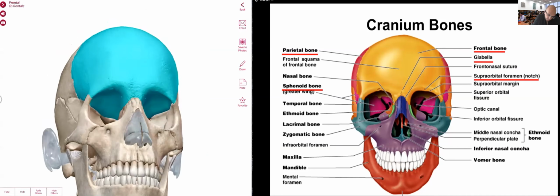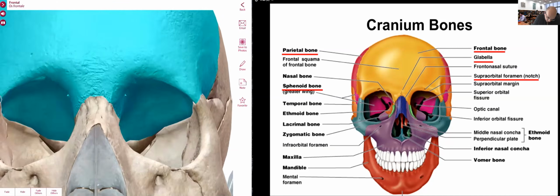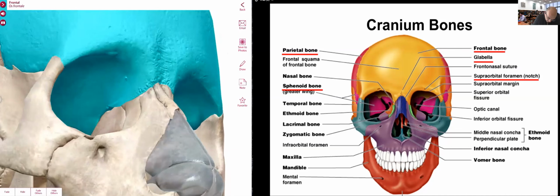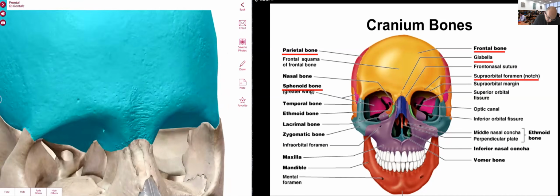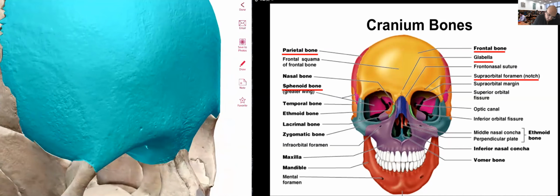Another marking that you can see here in the frontal bone is this tiny little hole above the orbit. So we're going to call it the foramen.